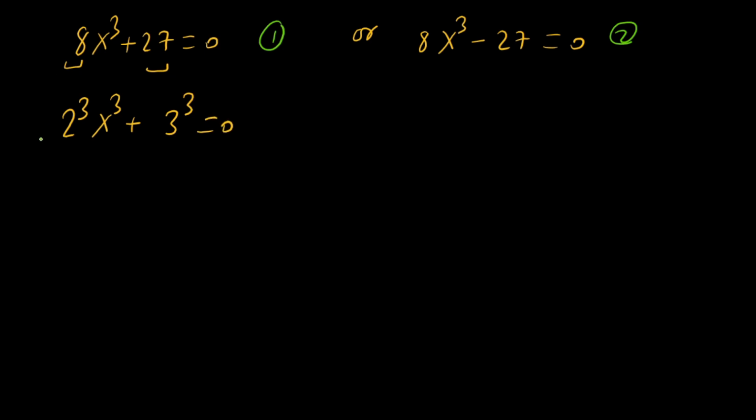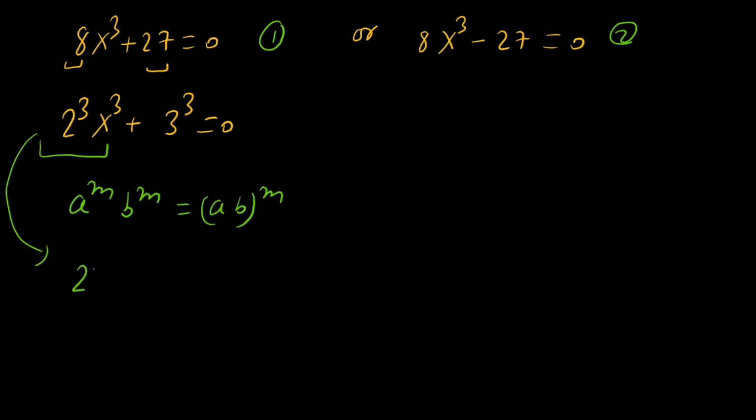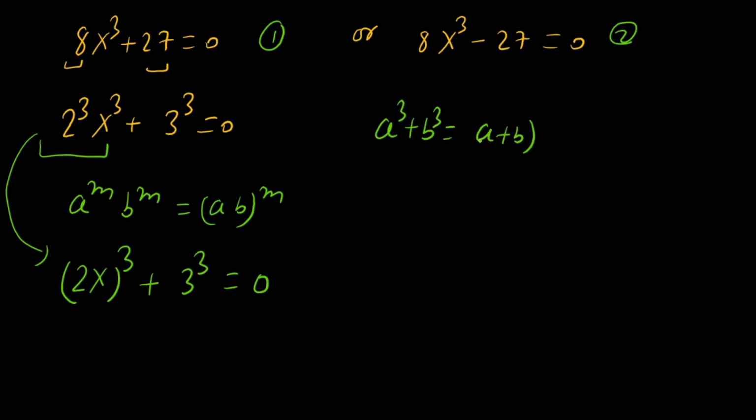Here if we apply the rule a power m times b power m equals (a times b) bracket power m, then this is the same as (2 times x) bracket power 3 plus 3 power 3 equals 0. On the left hand side we have a sum of two cubes, and we know that the sum of two cubes is (a plus b) times (a square minus ab plus b square).